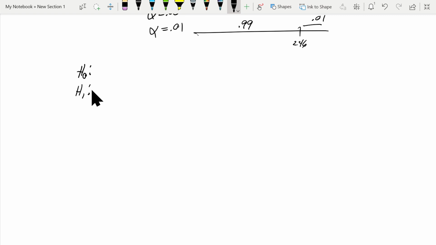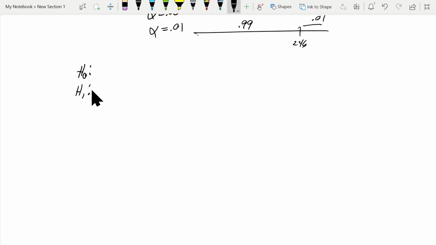And the alternative is what people want to demonstrate is correct. It's not necessarily right. It's just more correct than the null hypothesis.